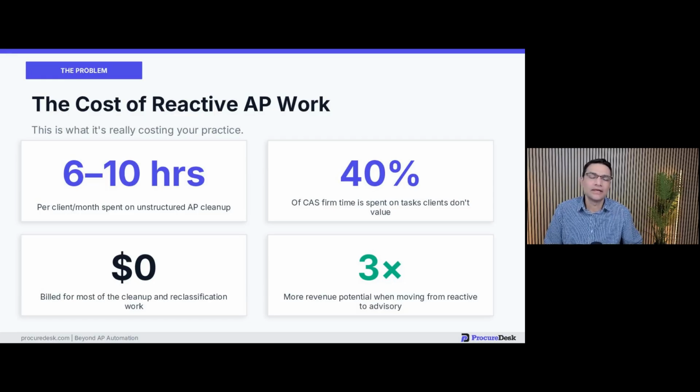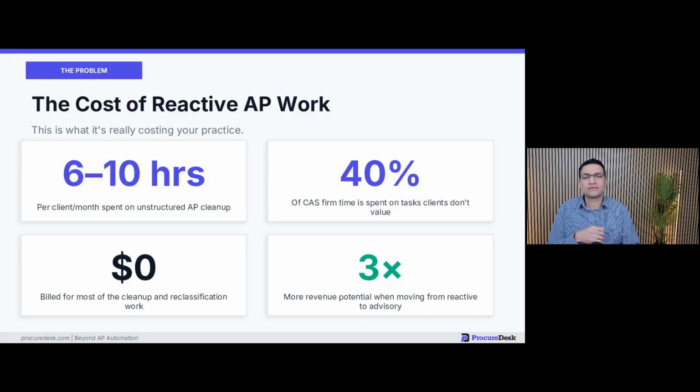And this time is generally spent on reclassification of invoices. That is probably the number one reason. And second is they have a process where an invoice needs to be approved before they can put it into the accounting system. And guess what? For that to happen, you have to get everything approved, otherwise you can't put it in the system. So that's where most of the time goes.